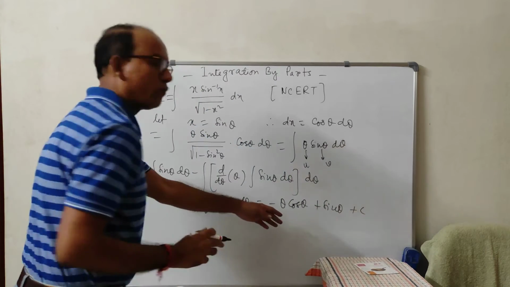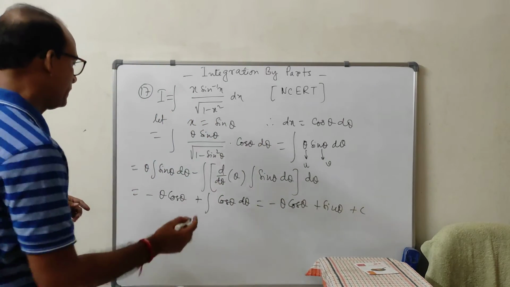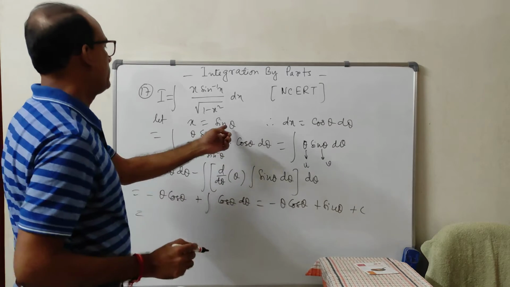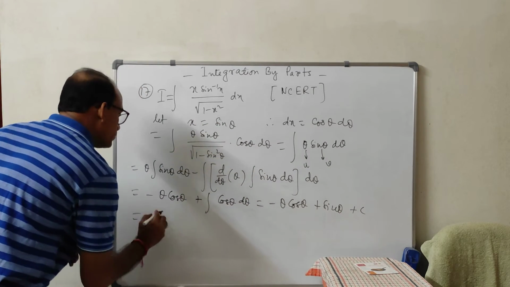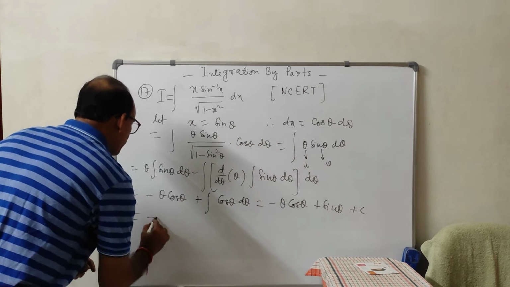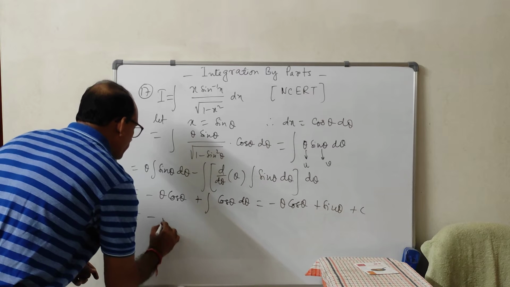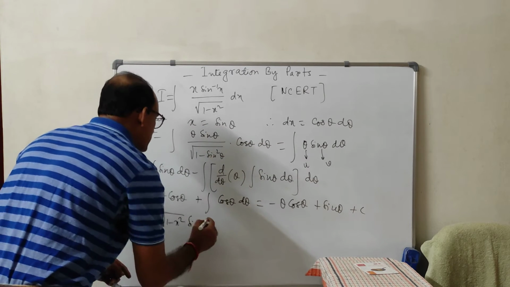At the end, don't forget to bring back the original variable, which is x. Yeah. So what is theta? Theta is sine inverse of x, and what is cos theta? Cos theta is root over of 1 minus x square. So root over of 1 minus x square into theta means sine inverse of x.